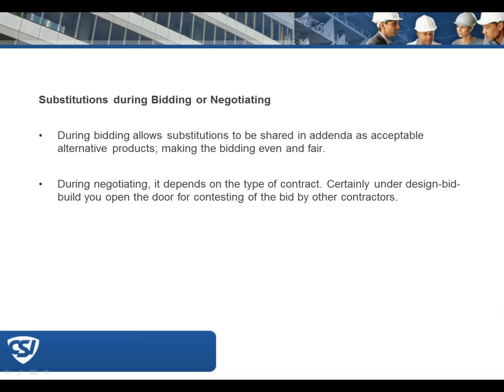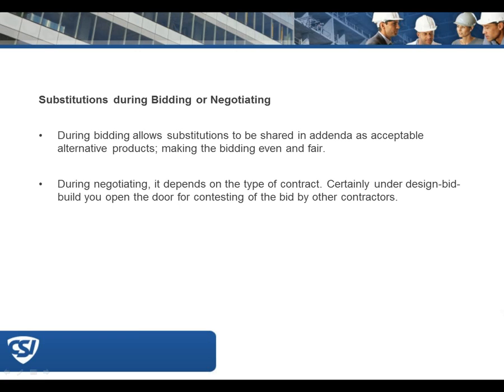I would accept it directly from him during bidding, and then if it's approved, he can offer his product to whatever GCs are bidding it that he can get in touch with. Right. That probably happens that way more often than not when you look at substitutions in the bidding phase.